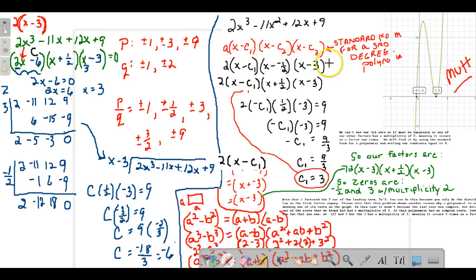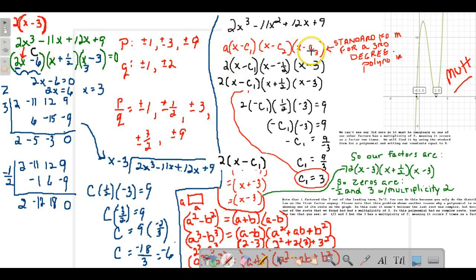But using this strategy, we factored that a out, and every one of these factors now are pure. Whatever we find is actually the pure 0 because there's no coefficient on the x here. It's been factored out.